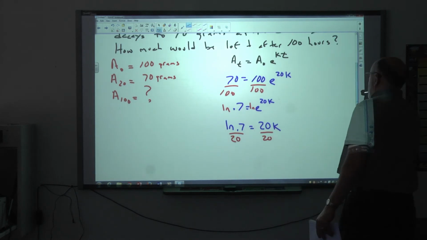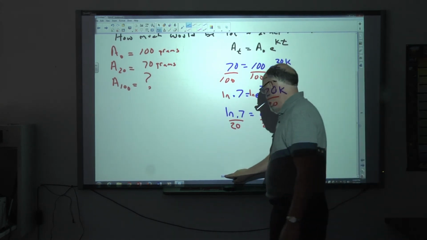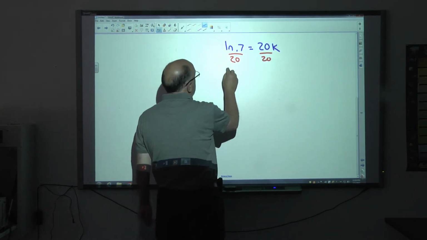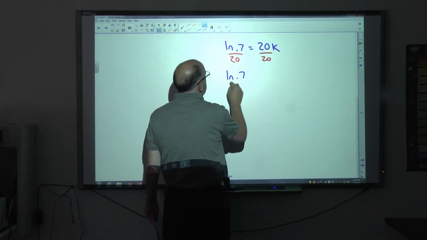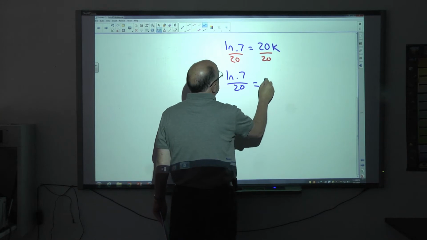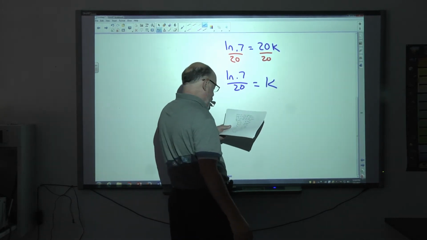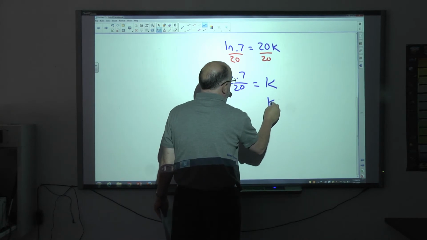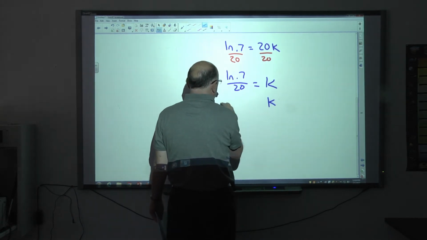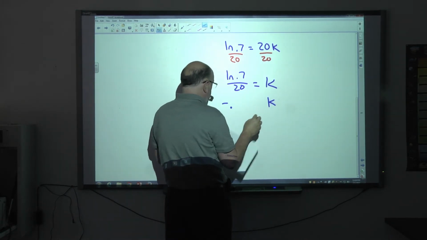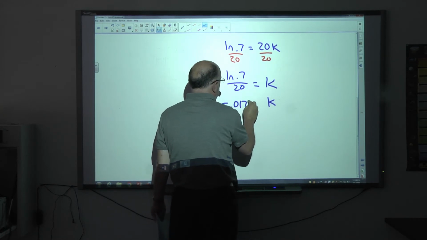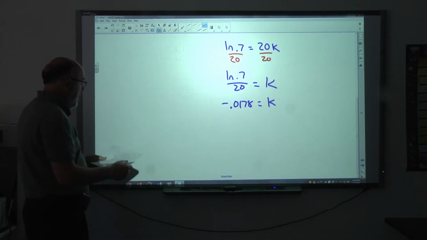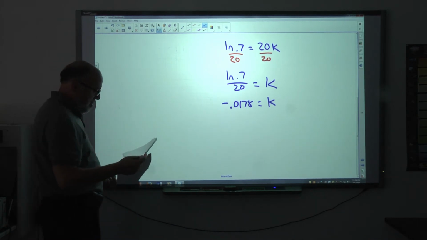So the natural log of 0.7 divided by 20 is equal to k, and that comes out to be approximately negative 0.0178.